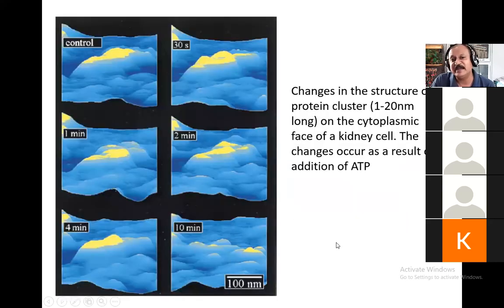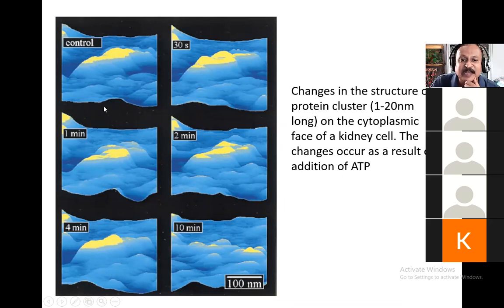This is again a very interesting image where they have a kidney cell, and in the kidney cell, certain proteins are there. Protein clusters are there in the membrane, associated with the membrane. They are trying to analyze what is happening to the protein in a particular situation. For example, ATP is added. You know what is ATP?